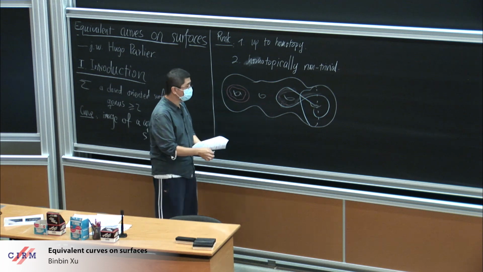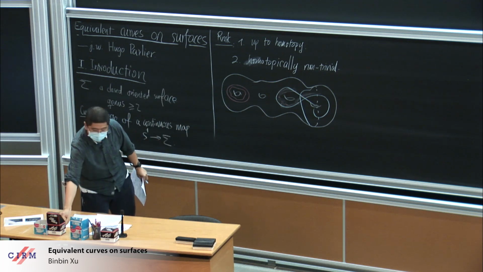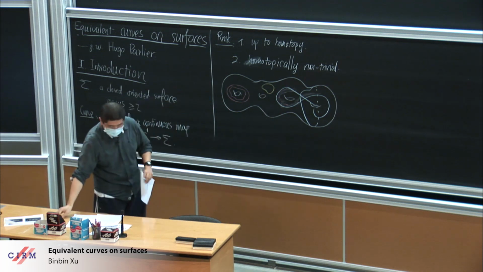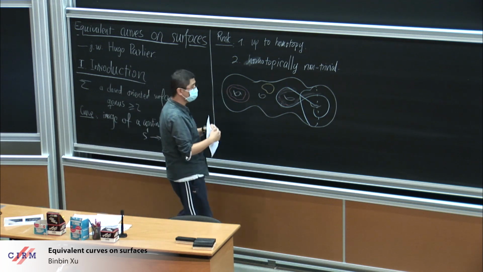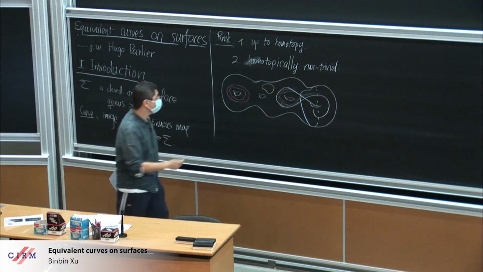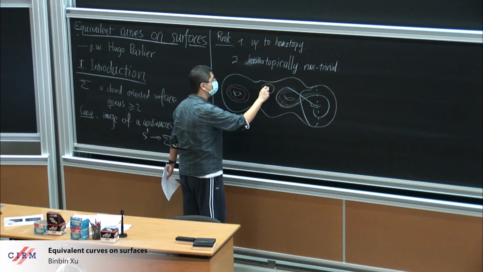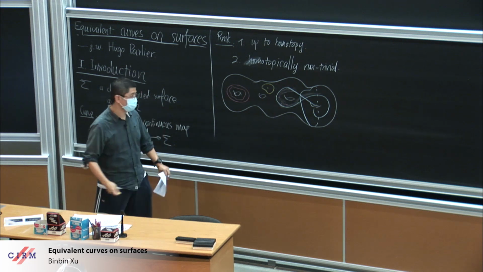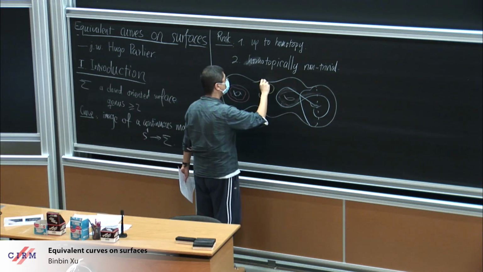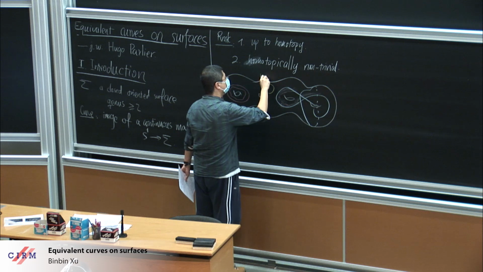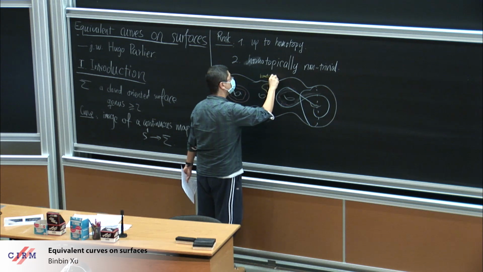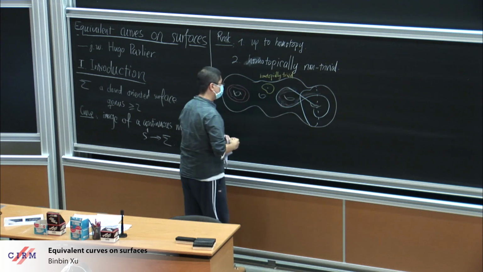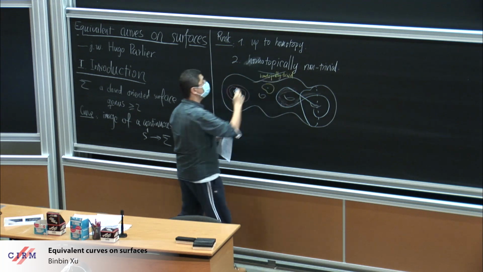By homotopically trivial, you can think of a curve like this, where you can find a homotopy of the surface which retracts the entire curve into a point. In this case, this is homotopically trivial, which is something we don't want.